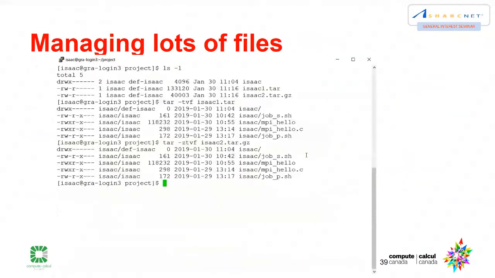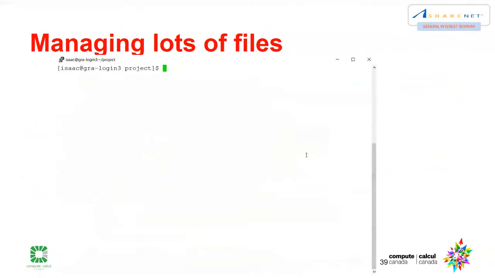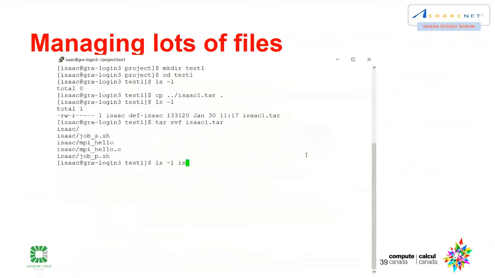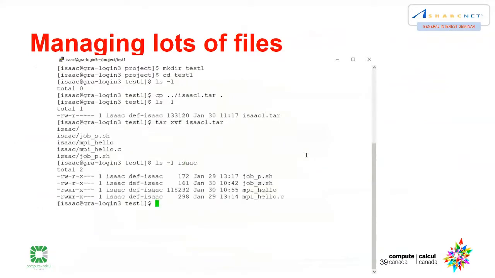Then I'll show you how to extract the tar file. I made a sample directory, copied the tar file to that directory, and extracted it. I don't have anything in the test1 directory, so I'm going to copy the tar file to this directory. Then you simply use XVF: X is extract, V is verbose, F is file. You can see that I can extract all the files.